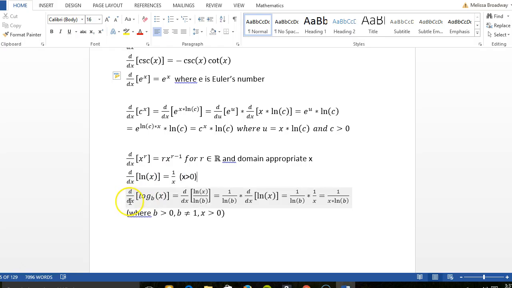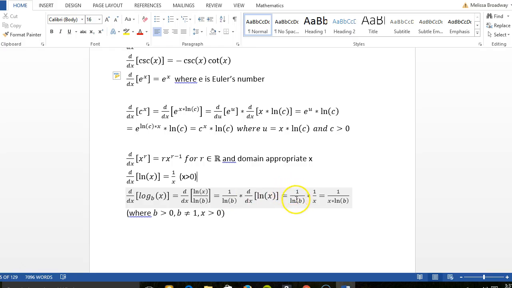Now, what about any log? Notice ln can be thought of as the log base e of x. But what if b is not necessarily e? Well, then d by dx of the log base b of x will be d by dx of, remember from algebra, the ln x over ln b. But 1 over ln b is just a constant. You can yank it out, and you get 1 over ln b times d by dx of the ln of x.